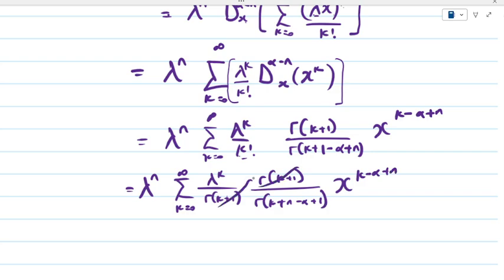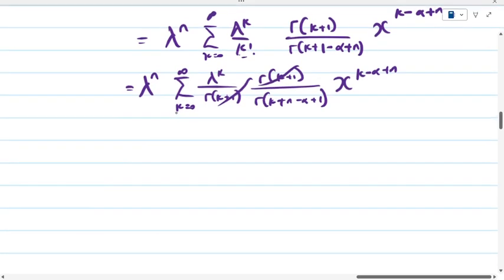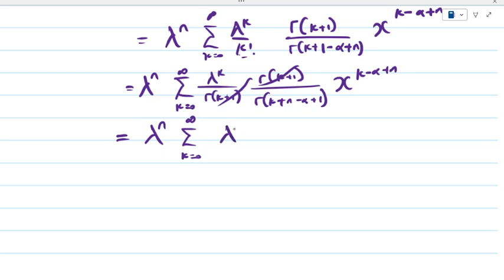So this cancels this. Then we have lambda n, summation k equals 0 to infinity, lambda k, x to the k minus alpha plus n over gamma k plus n minus alpha plus 1.